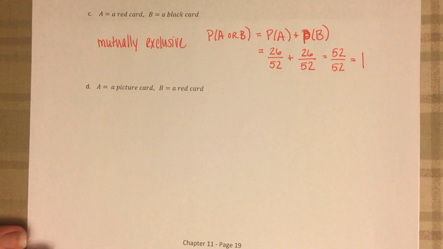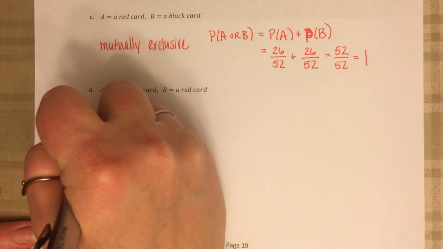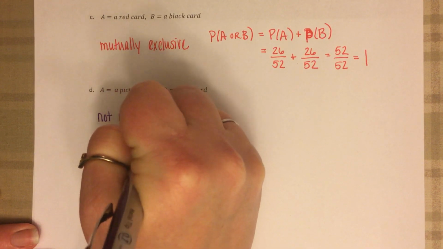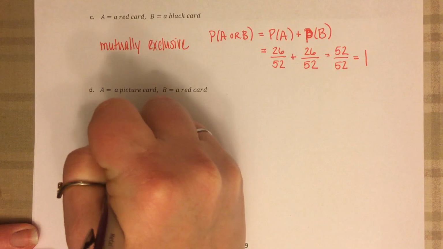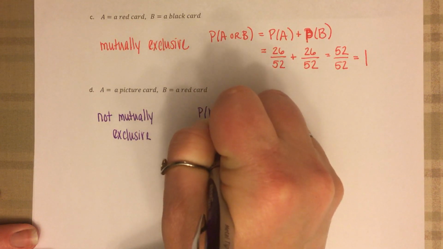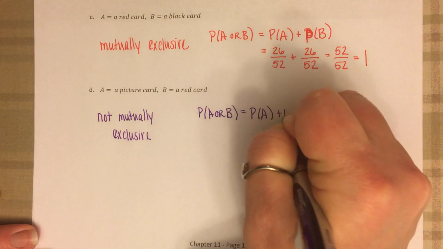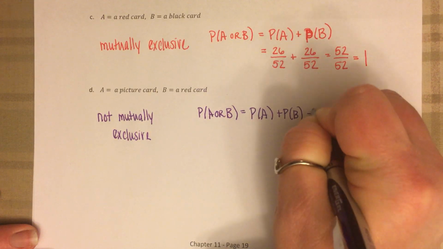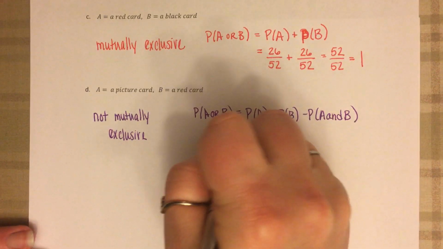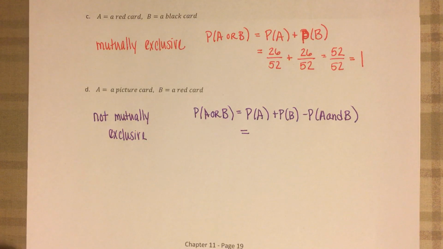All right, for our last example, we want to think about picture cards and red cards. In this case, it is possible to be both, so these are not mutually exclusive. When we find our probability for this one, we're going to take our probability of A plus our probability of B minus our probability of A and B. A is the probability that we draw a picture card.